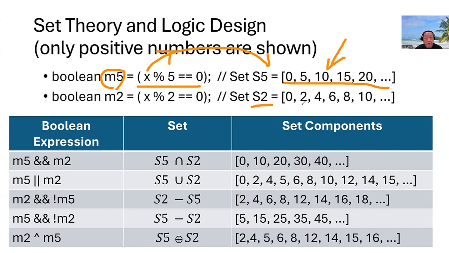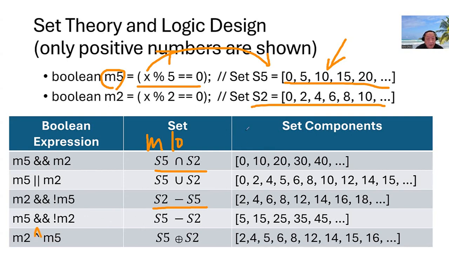M2 is the multiple of 2. So when we say M2 and M5, it is S2 intersect with S5, which is equivalent to M10, multiple of 10. M2 or M5 is the union of S5 and S2, like this. Okay, and M2 and not M5 is S2 minus S5. M2 and not M5, not M2, is this.